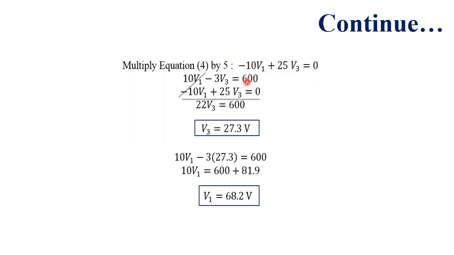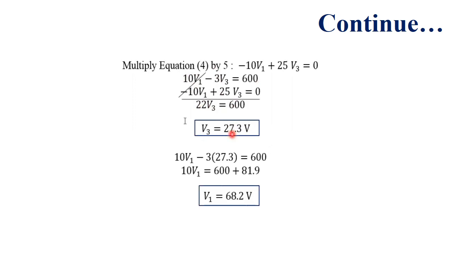So add equation number 3 and equation number 4 after multiplication by 5. These terms cancel out because one is positive and one is negative, so we have 0. Then adding the remaining terms, we have 22 V3 equals to 600. Dividing 600 by 22, V3 equals to 27.3 volts.